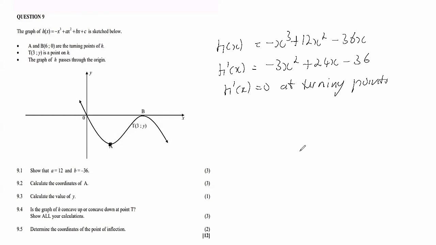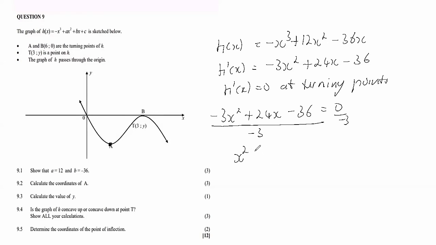So we take that equation for h prime x, and then we equate it to 0. Now at this point, we can see that everything is divisible by 3. So we can divide by negative 3 so that we have a positive here. Then if we divide by negative 3, that's positive x squared.